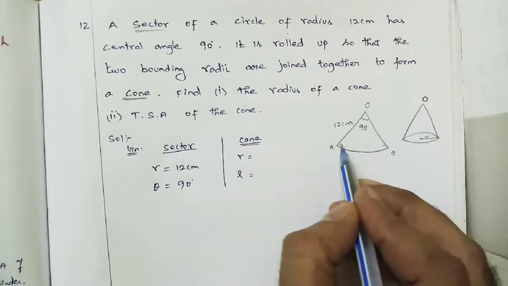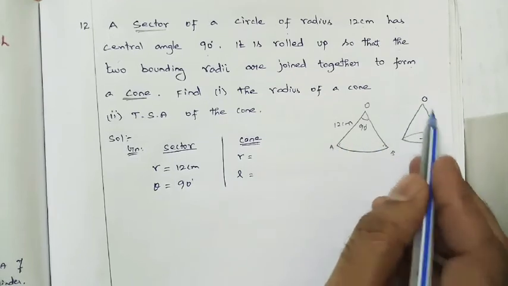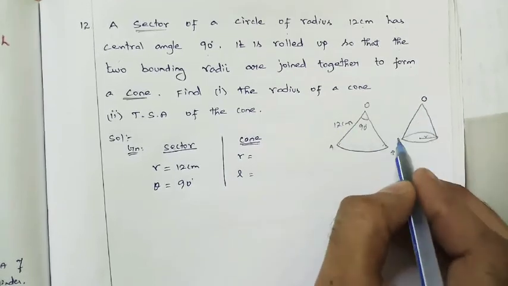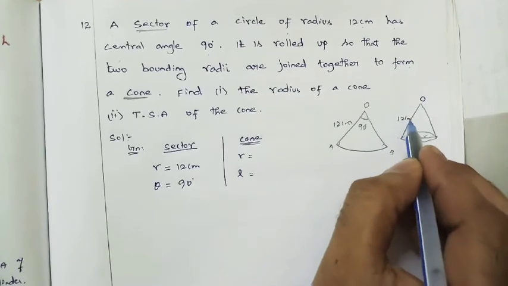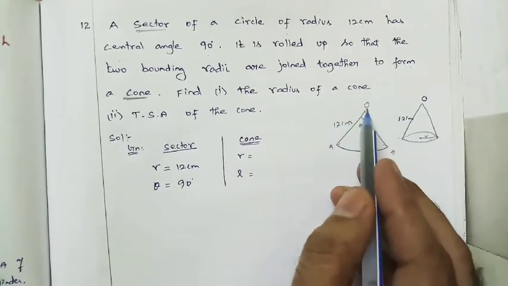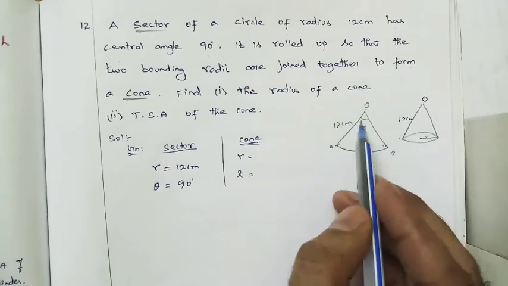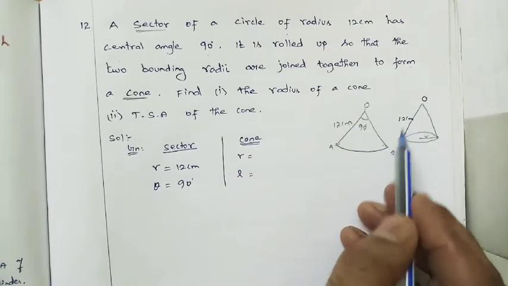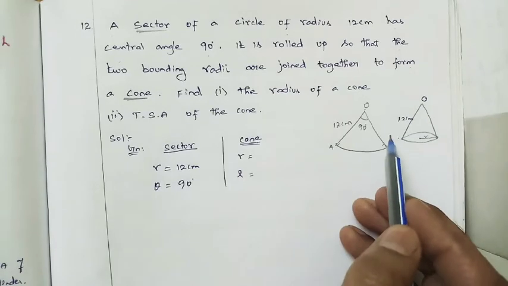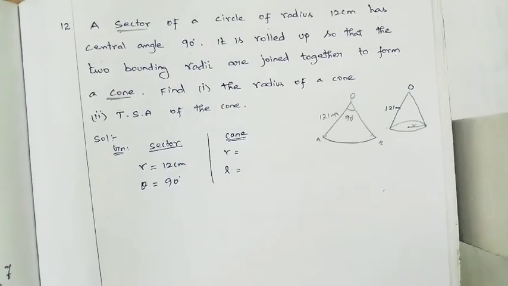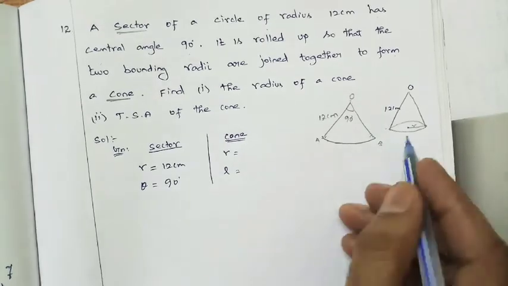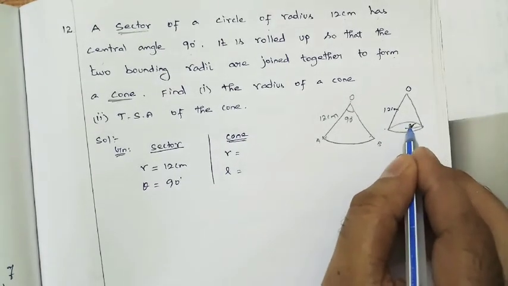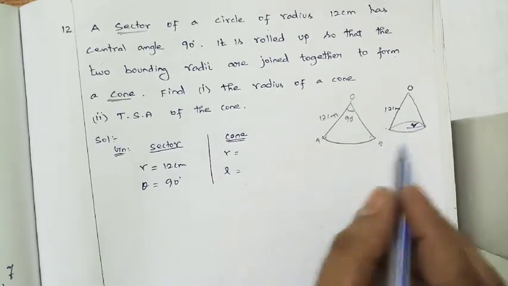While we are rolling the sector, we got a cone, and this 12 centimeters, the radius of the sector, is equal to the slant height of the cone. Radius of the sector is nothing but the slant height of the cone.